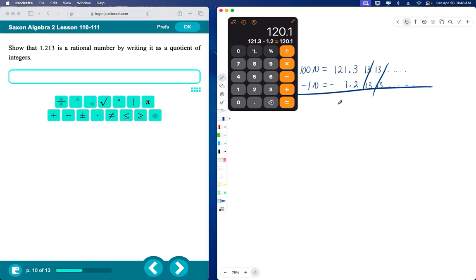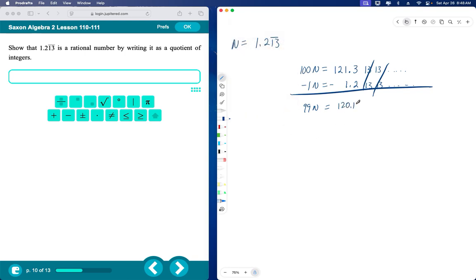So 99n, because 100 minus 1 is 99, is equal to 121.3 minus 1.2, which is 120.1. We only have one decimal here. So when I do this, I'm going to multiply that by one place, one set of zeros, which is 10 over 10. So n is equal to 1201 over 990. That is your answer.